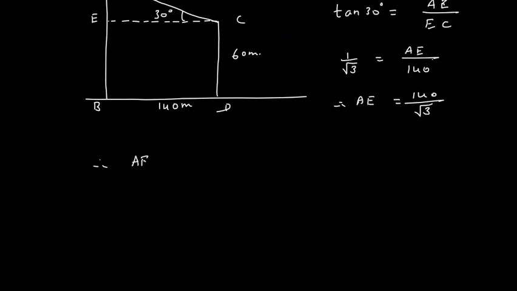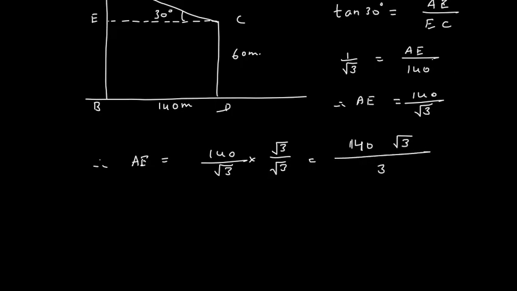So therefore AE is equal to, now we rationalize it, we multiply and divide by root 3. So it becomes 140 into root 3 divided by root 3 into root 3 is 3. So this gives me 3 for the 12, 20, then 3 6 are 18, 3 6 are 18.